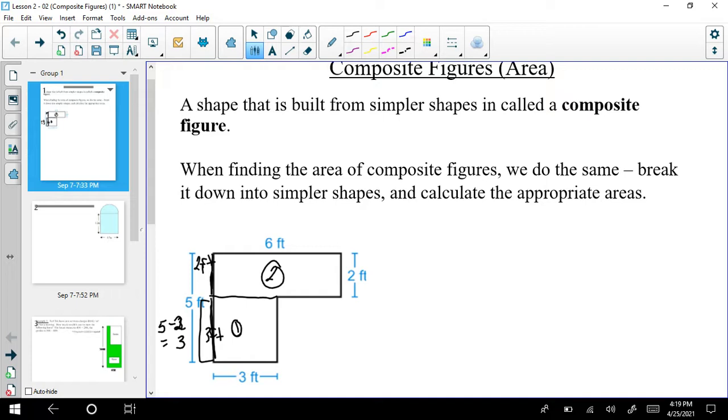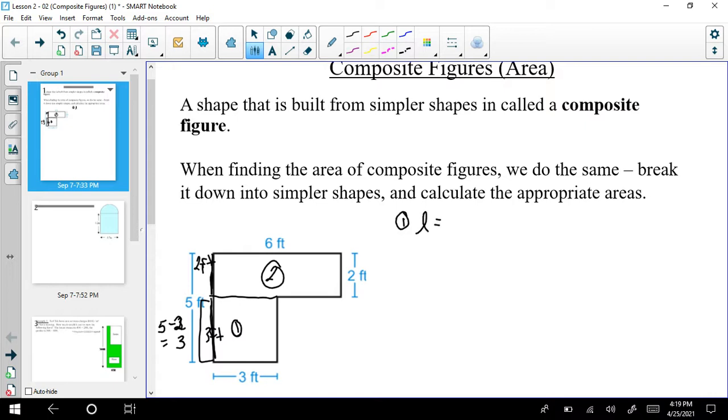Right? So step 1 was to break apart into shapes I know. I've already done it. My step 2 now is to find the area of each of these shapes. Sorry if my writing is bad, I'm trying to keep my arm away from the microphone. I look at my figure 1 and write my knowns and my unknowns.